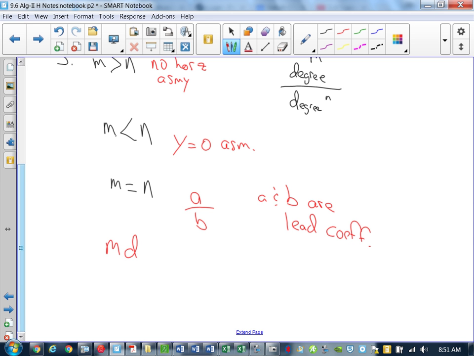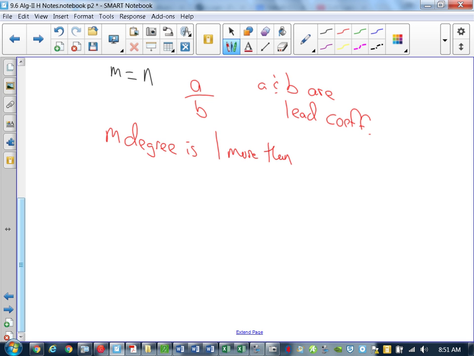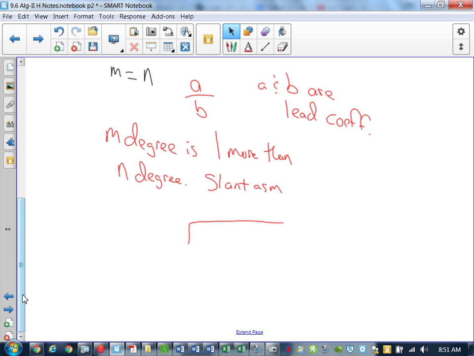M degree is 1 more than n degree is slant. And remember, the easiest way to do that was via long division. Because when you use long division, all you're looking for is that first linear term, your mx plus b, and that's it. That gives you the equation of your slant asymptote.